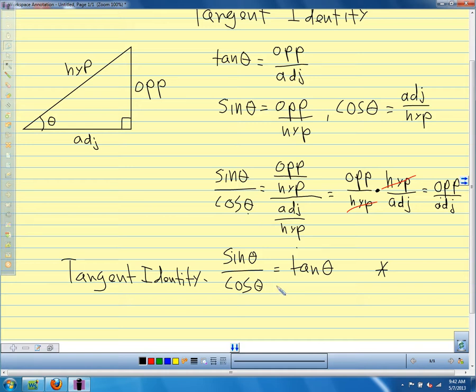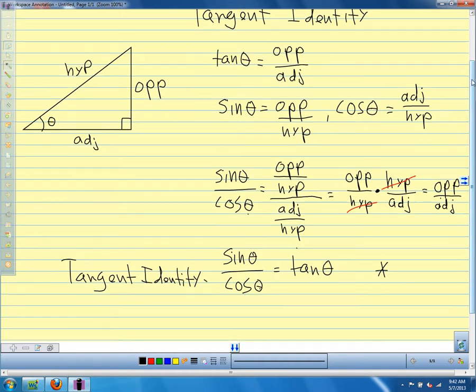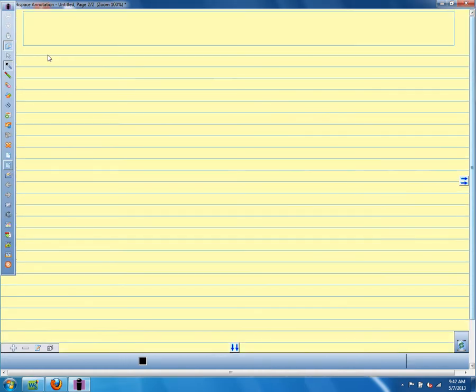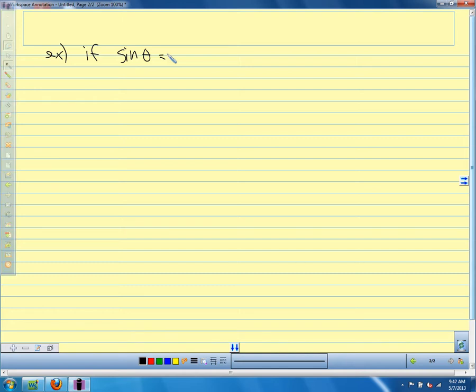So questions on what we did here. So let me show you an example of how we might use this identity. If sine theta equals, let me come up with some numbers here, 0.423.